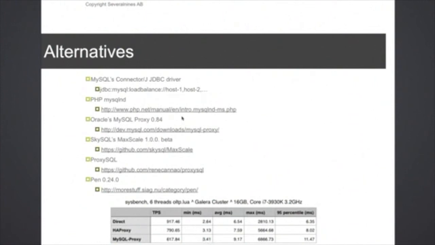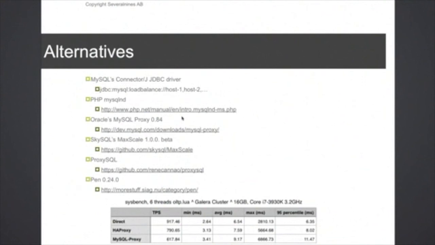HAProxy is primarily a TCP-based load balancer, and it's quite simple, but there are more specialized load balancers out there for MySQL specifically. One very popular one is MySQL Proxy, which comes from Oracle, of course. With MySQL Proxy, you can do a bit more. You can customize it and inspect the SQL statements that come in through the pipeline.